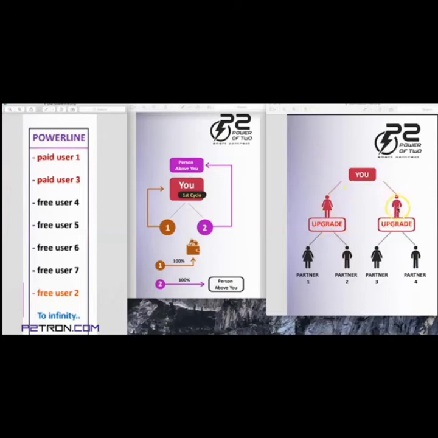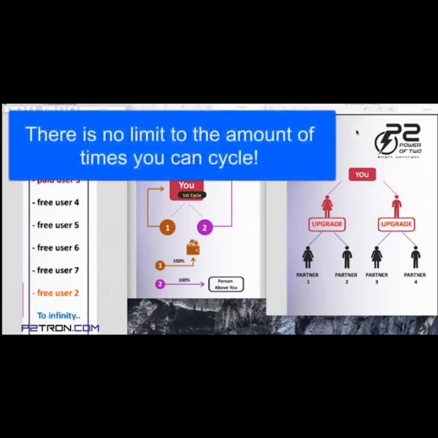This person right here who actually cycled you, so you start fresh, their first person coming from the global power line over here is going to pay them 100%, and then this person, their second person, is going to recycle them, and that's going to go up to you. That could pay you directly, or it could land in your second spot of your new cycle, right? You're in a new cycle now, and that could recycle you again.